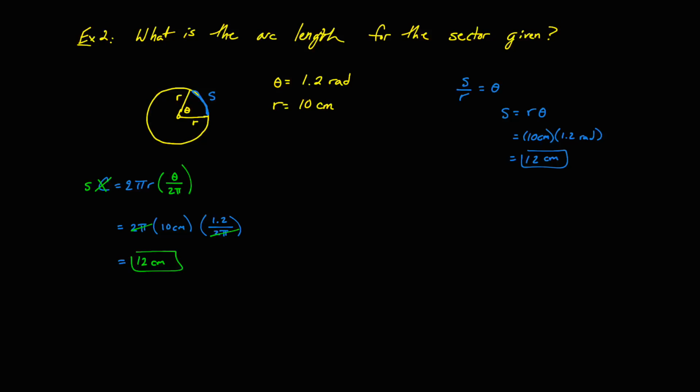Now I want to try a similar approach to find the area of the sector. So what is the area of the sector? Give it a chance to think about it the same way we just did. If we have a full circle and we know its area is pi r squared, then if we have a fraction of it, we can simply multiply by that fraction. It is a part of the whole.